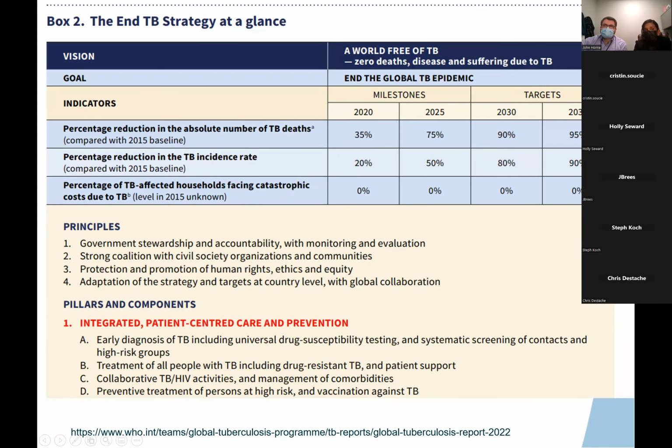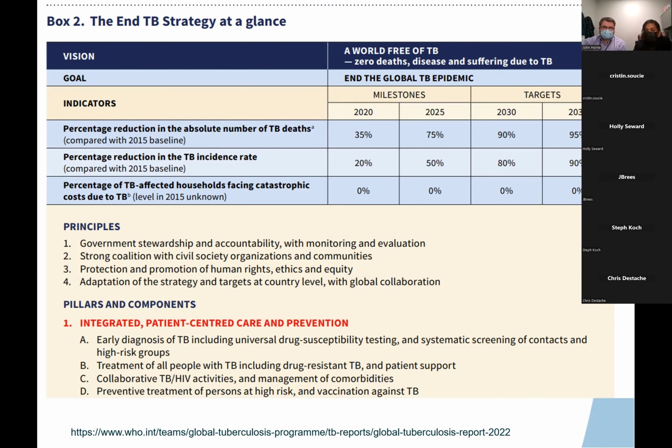And here is the strategy WHO and all the United Nations organizations have, milestones to end the global TB epidemic. In 2020 the goal was to reduce by 35%, and by 2025, 75%. We're on target, but we need to continue to work towards that.